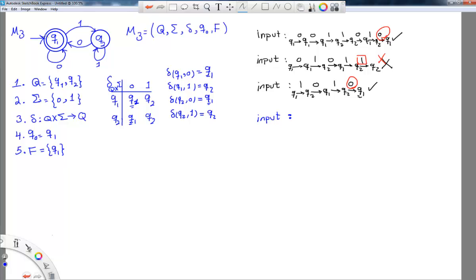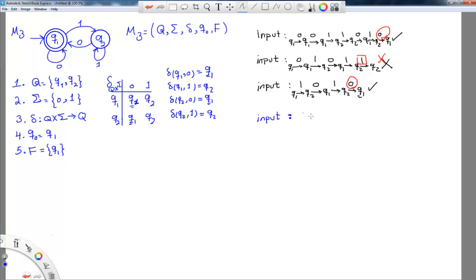Notice that when your machine starts, before it starts processing any input, it starts in q sub 1, and q sub 1 is an accept state, which means that even if your string is empty, it is accepted by the machine, because the machine starts and then ends in the accept state q sub 1. And since the input didn't have any element in it, the machine didn't go to any other state. So it stayed in its own accept state, which was the start state as well.